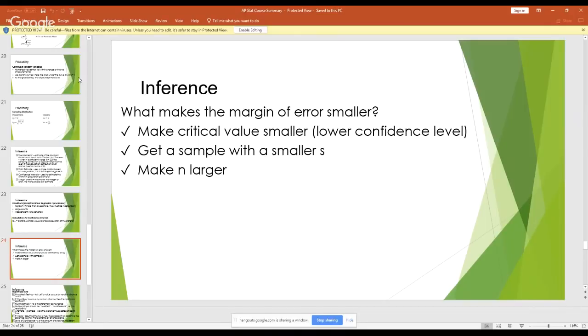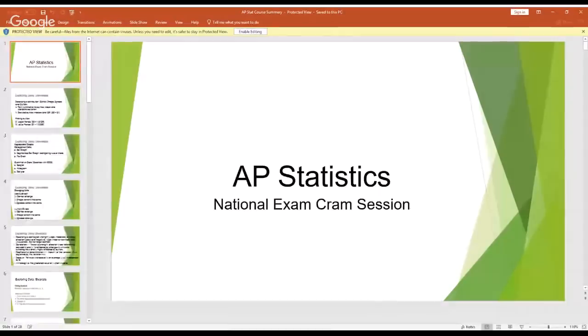Let me pull up the formula sheet, the inference sheet real quick.